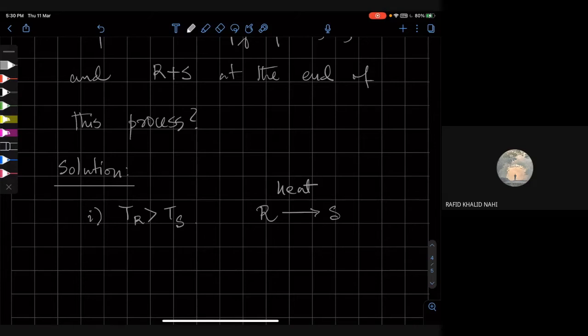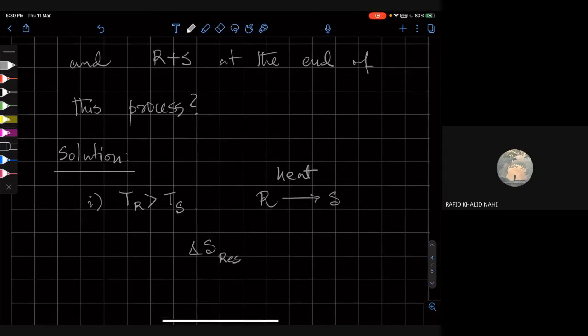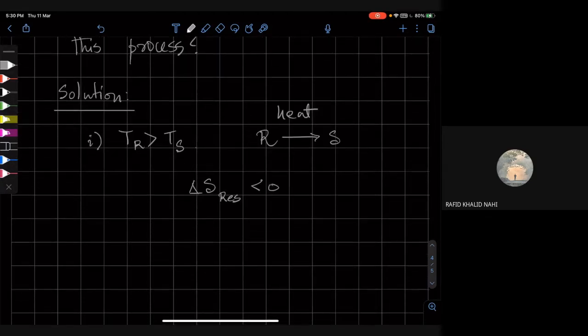That's what I mean, right? So that means that the entropy of the reservoir will decrease, right? And the entropy of the system will increase.